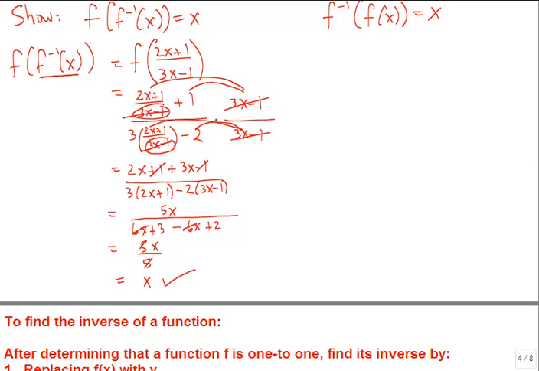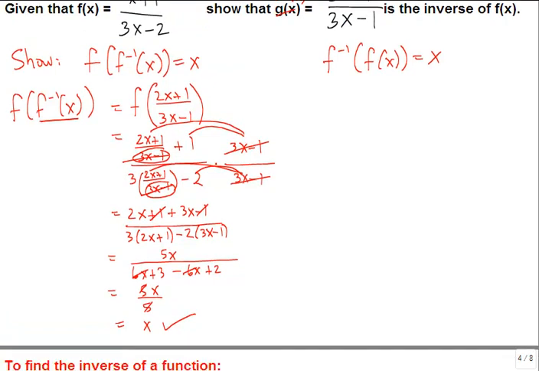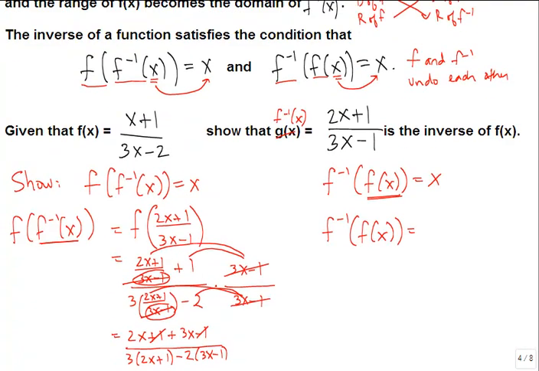Now unfortunately, we're not done because we have to do that all over again, but in the opposite order. So instead of starting with f inverse first, now we want to start with just f of x first. So let's take f inverse composed with f. So what's the rule for f of x? F of x is this big fraction over here, x plus 1 over 3x minus 2, and now we're going to input that into f inverse.